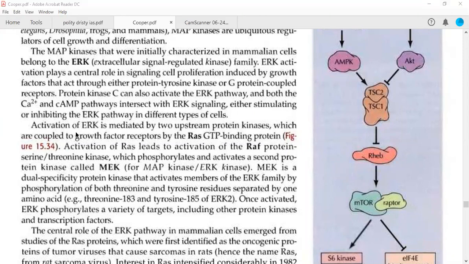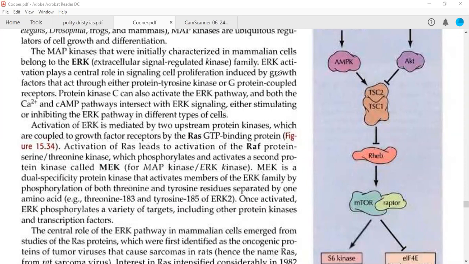Now the question is how this signaling is happening. So this extracellular ERK activation plays a central role in signaling the cell proliferation, and we have seen they are also involved in inflammatory responses as well as in cell death.